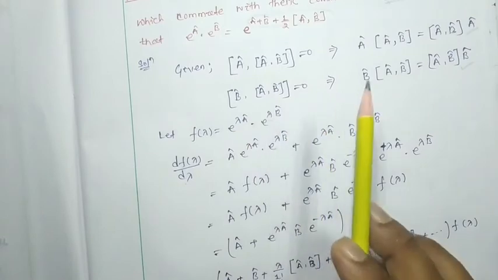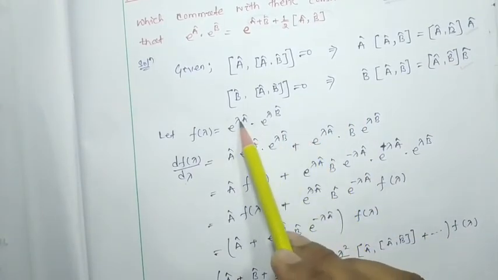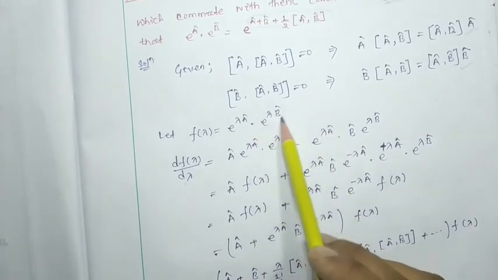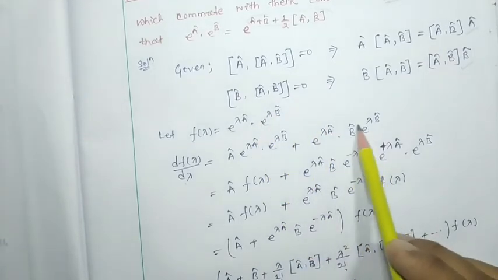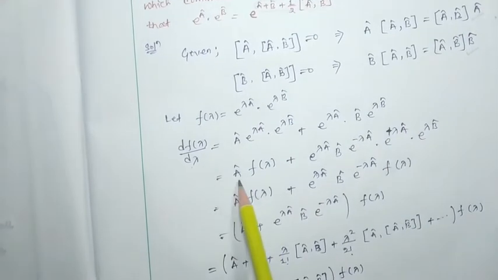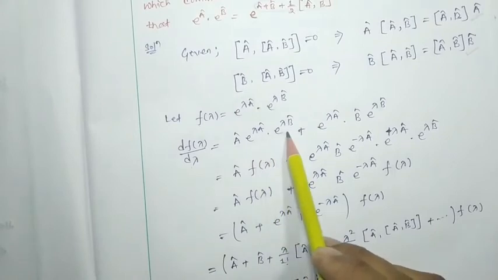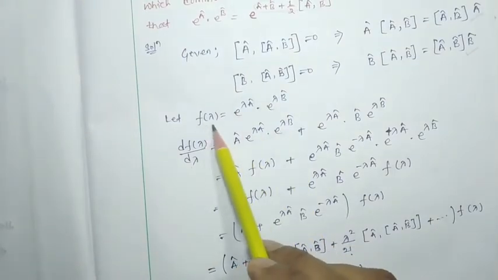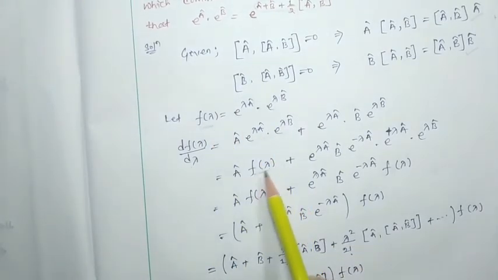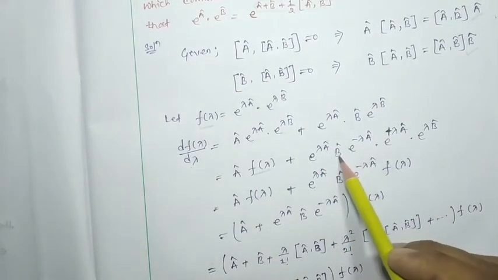See, the product rule is used: first I derive this one, plus the derivative of the other one, which will be b cap e to the lambda b cap. So it can be written that a cap e to the lambda a cap into e to the lambda b cap is nothing but f lambda.